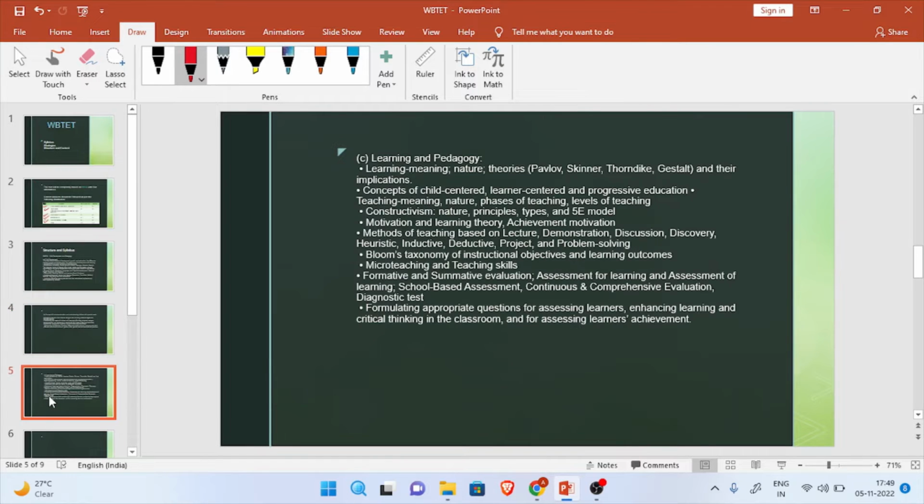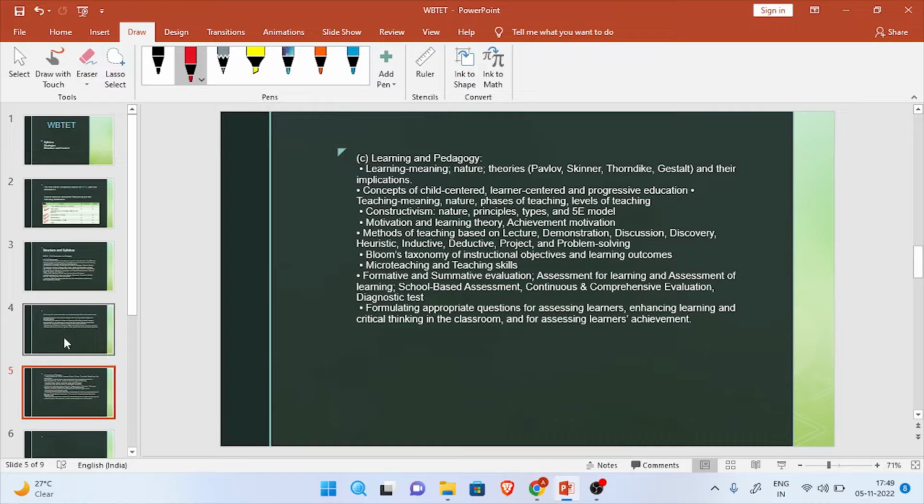Under learning and pedagogy, there are concepts of child-centered, learner-centered, progressive education, Bloom's taxonomy, then micro-teaching, teaching skills. So there are many things.